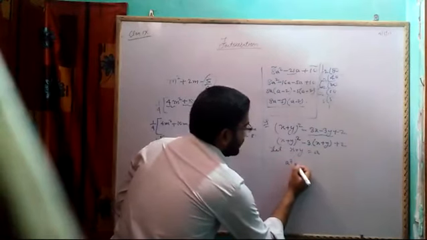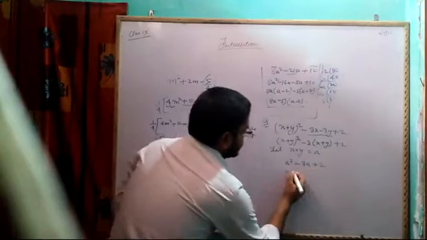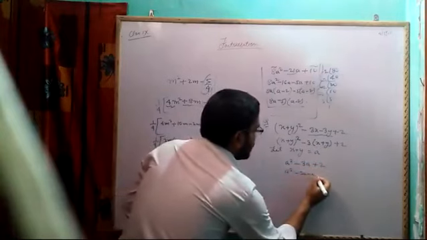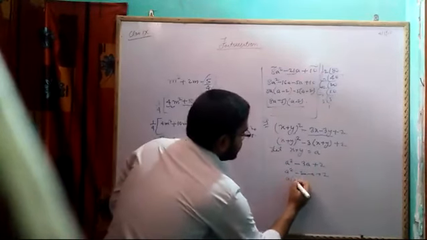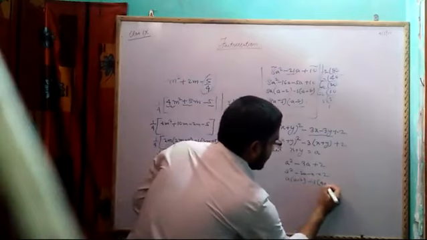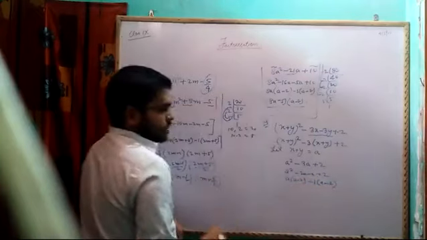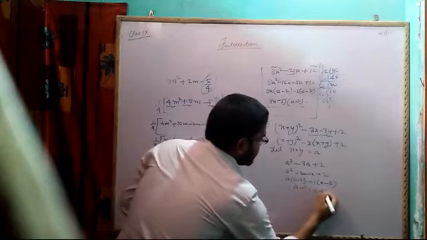So this will become a square minus of 3a plus of 2. So here a square minus of 2a minus of a plus 2, and 2 into 1 will be 2. So a into a minus of 2 minus 1 a minus 2. Correct? Then a minus 1 into a minus of 2.